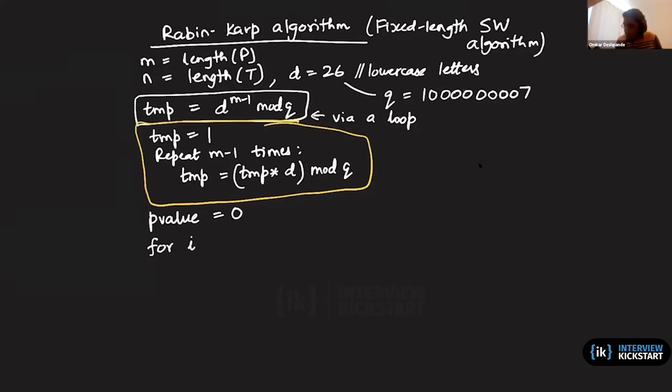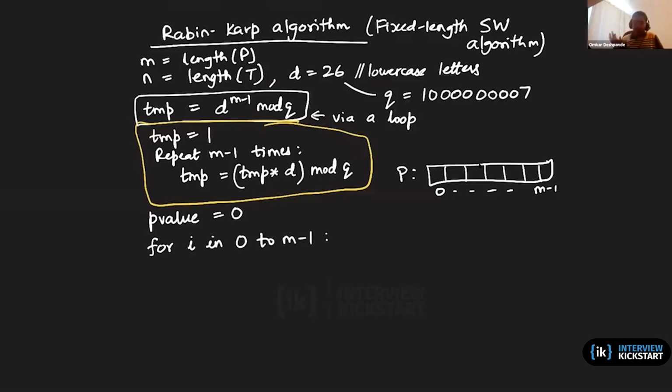Our pattern, remember, has a length of m. These are all characters. So for i varying in the range from 0 through m minus 1, we're going to take the ith character of the pattern and incorporate it into the growing p value.